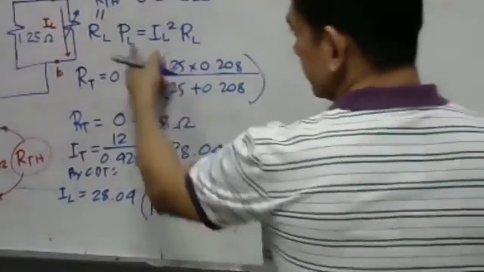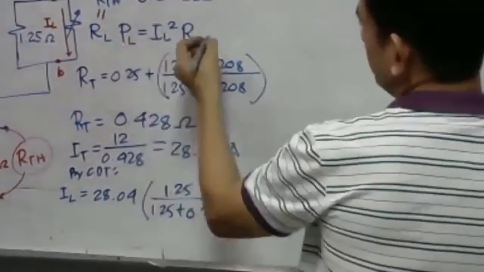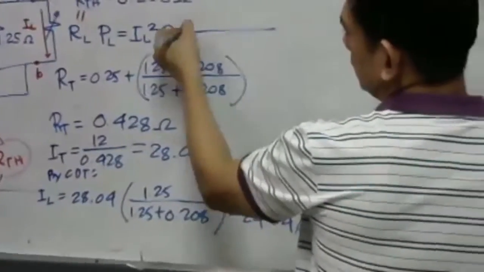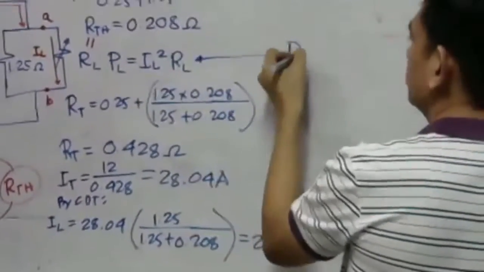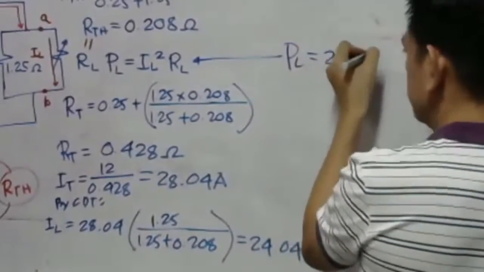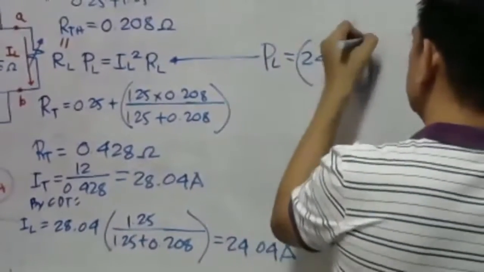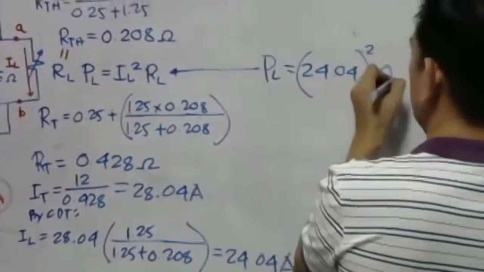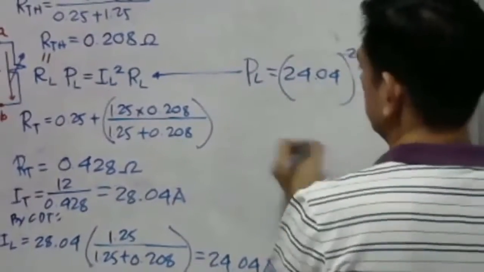Now, let us use our formula here. Again, our PL is our IL, 24.04, quantity squared, then multiplied by RL, which is 0.208.